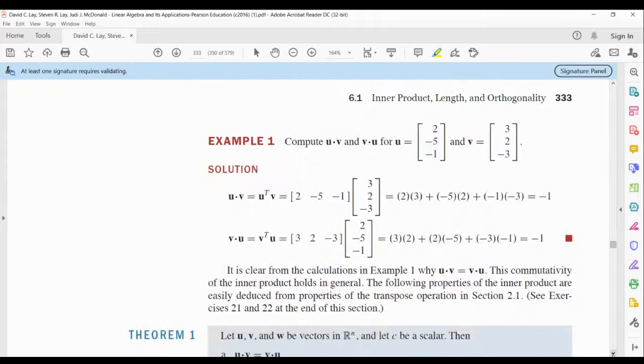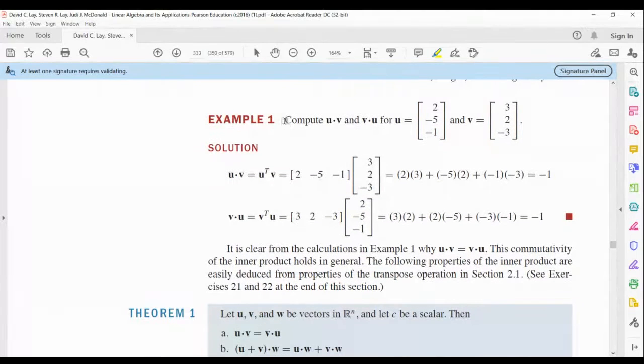So in example 1, they want you to compute these two dot products for the vectors: the u vector is 2, -5, -1, and the v vector is 3, 2, and -3. So u dot v is the same as u transpose times v. You can think of it like that, right? And that is just going to equal -1.